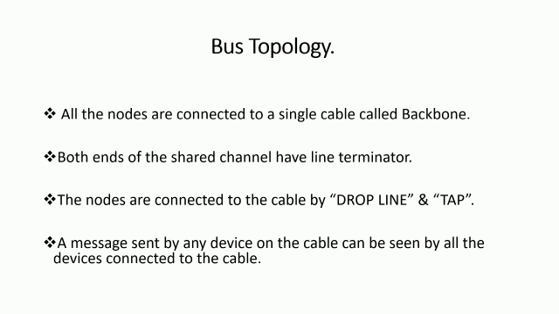That is, a drop line is a wire that connects a node with the cable. On the other hand, tap acts as a connector that slices into the main cable. On both ends of the channel, there is a terminator. Terminator just absorbs the signals so that they do not reflect down the cable.